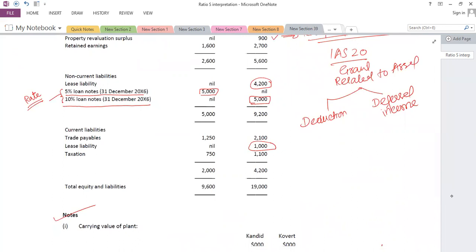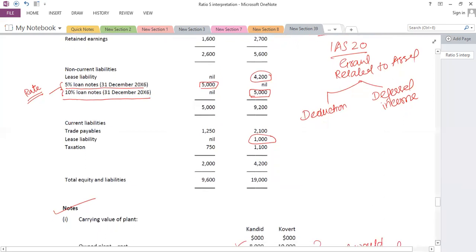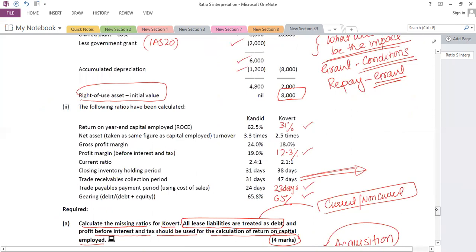It means one company is getting a favorable rate and the other company is not. And the other company has good retained earnings as compared to the one. That's why there is a similar gearing ratio, although one company has high debt.